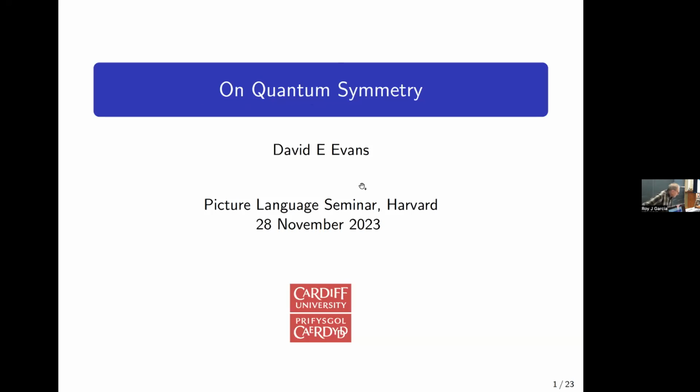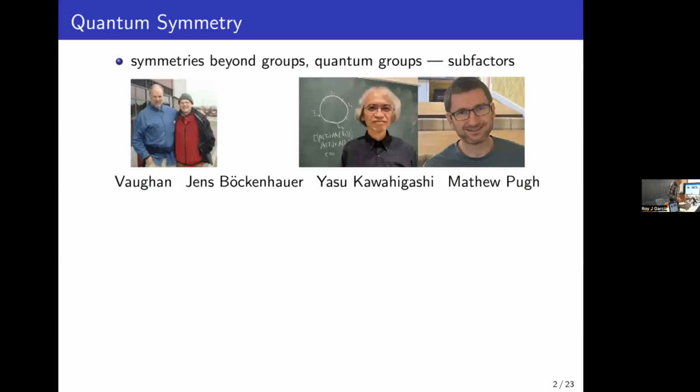Okay, so I want to talk about quantum symmetry from a couple of aspects. The first, of course, goes back to the work of Von Neumann, when he introduced the subfactor theory, which became a framework for looking at quantum symmetries.